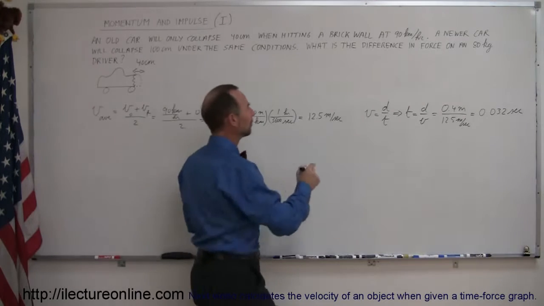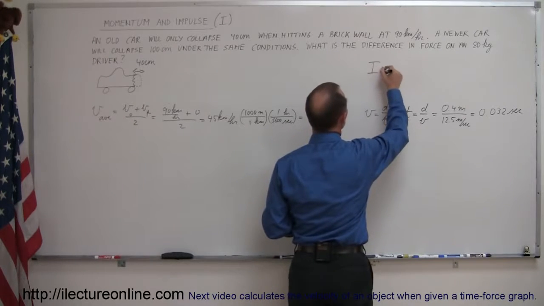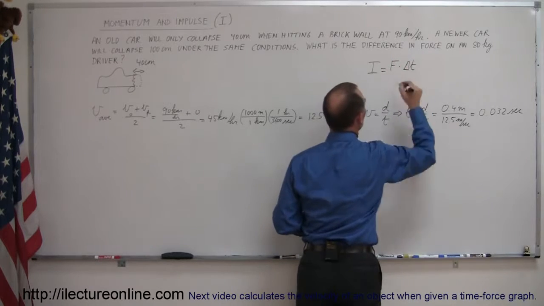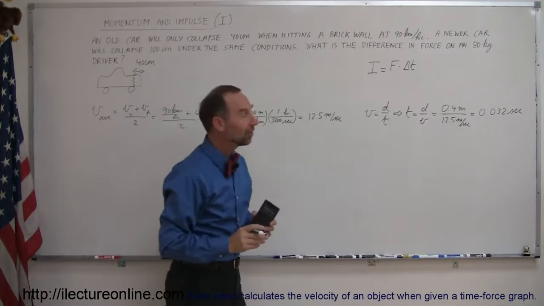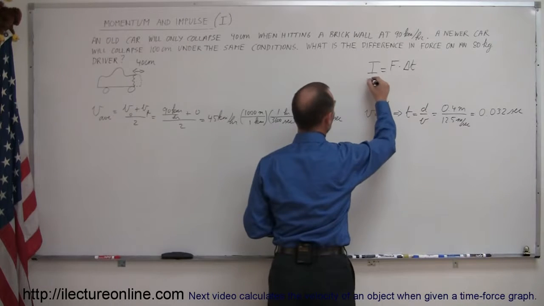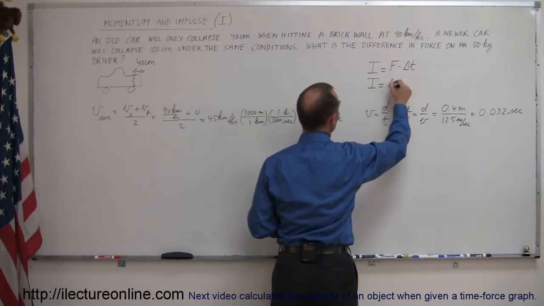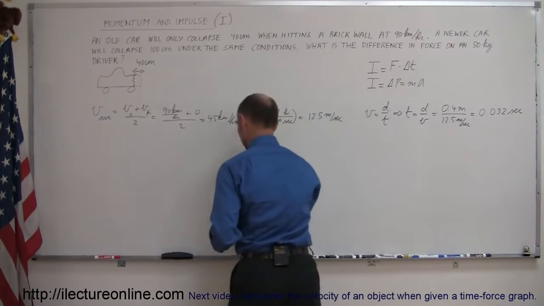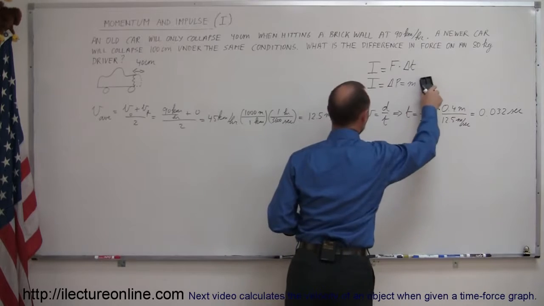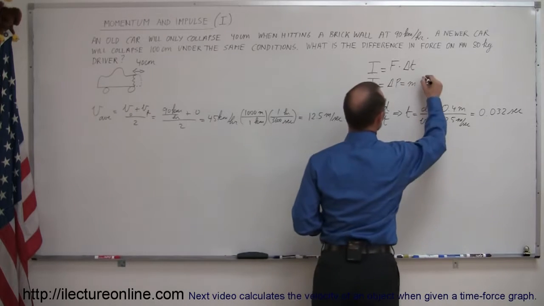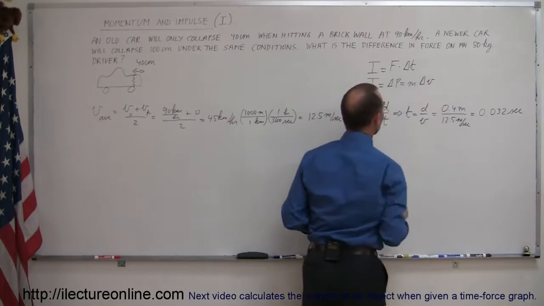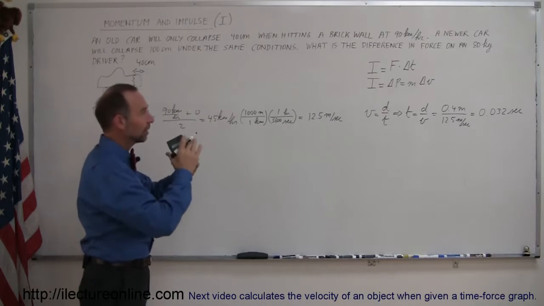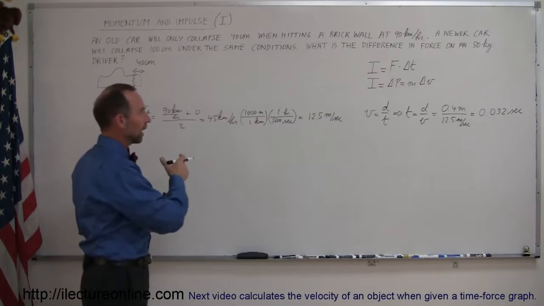Remember impulse. The definition of impulse is the force times the amount of time that the force is acted upon. Since impulse is also defined as the change in momentum, delta P, which is equal to m times delta V, you can see that the impulse of the collision will cause the car to slow down.